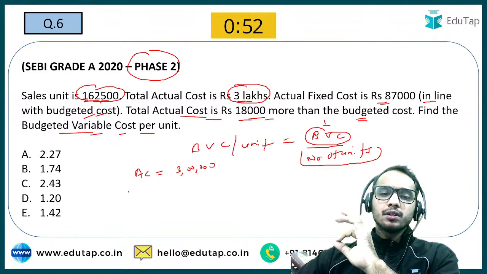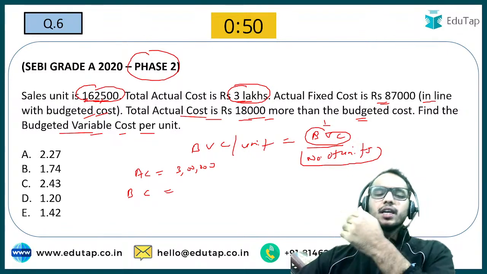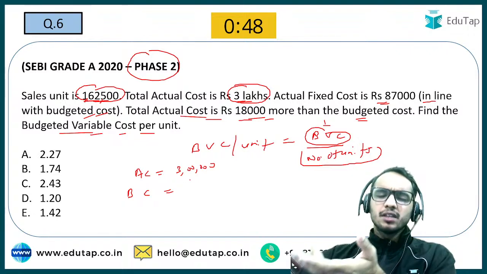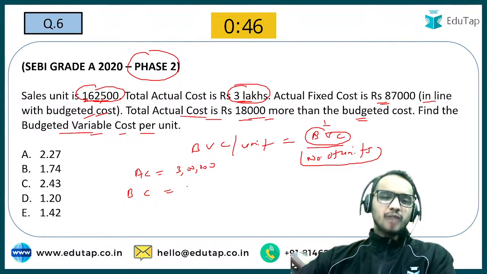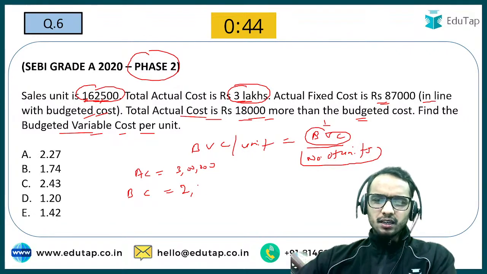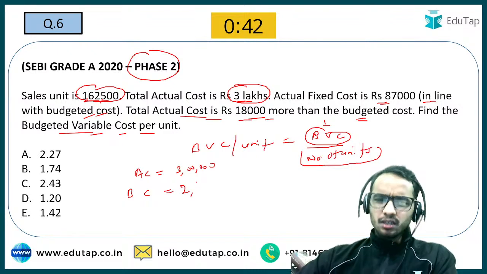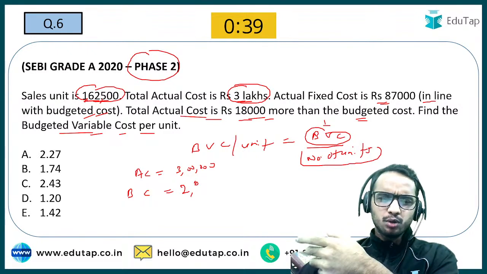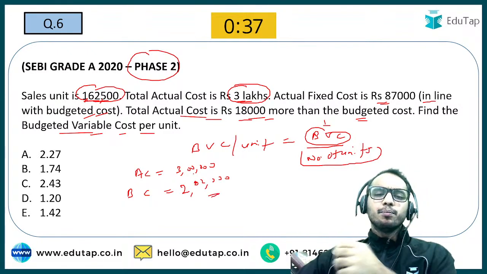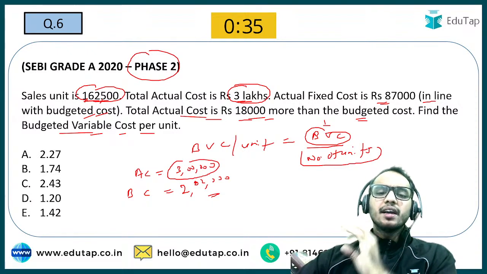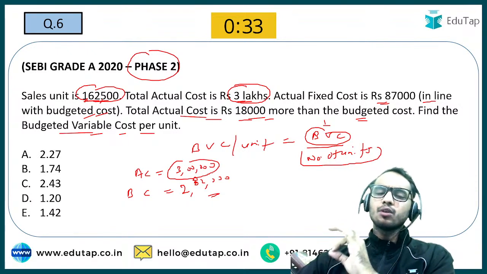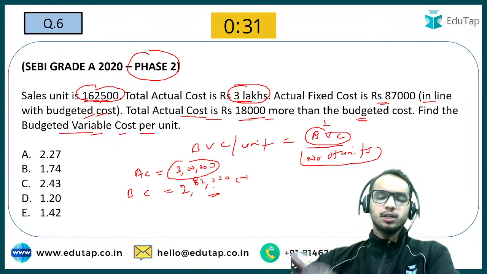What will be your total budgeted cost? It will be 18,000 less than the 3 lakh rupees. So that will become 2 lakh 82,000, right? Because actual cost is 18,000 more than that of budgeted cost. So you have calculated total budgeted cost as well.